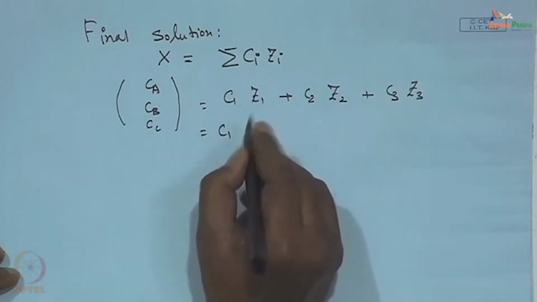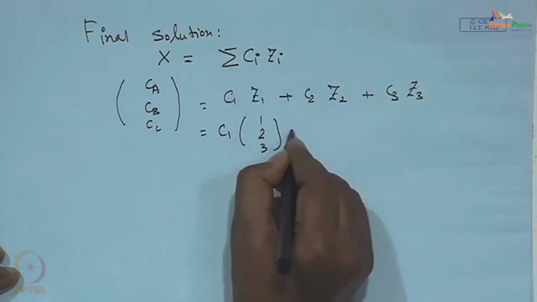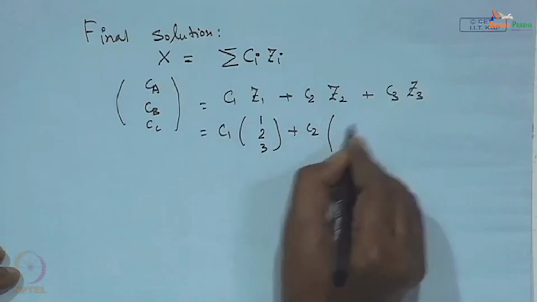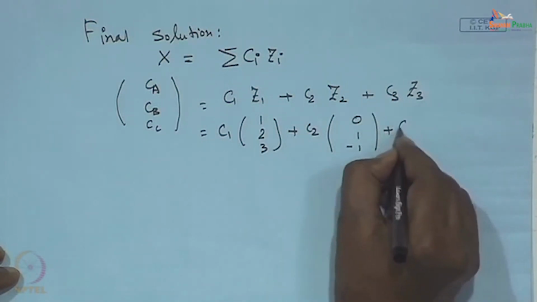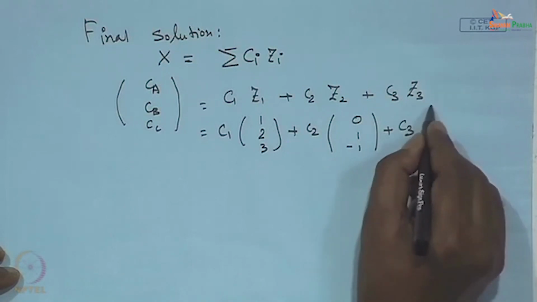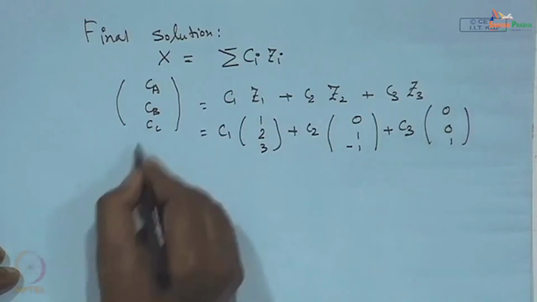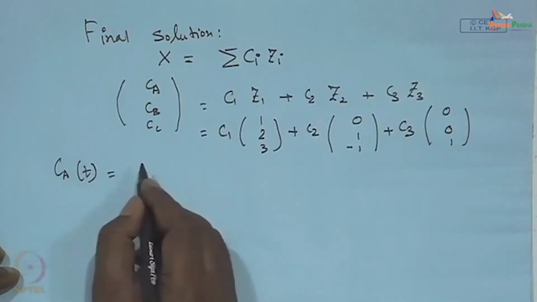Just put the value of Z 1, which is 1, 2 and 3, plus C 2, which we have already evaluated, with Z 2 as 0, 1, minus 1, plus C 3, for which we have already evaluated the expression, and Z 3 will be 0, 0, 1. So, therefore, you are in a position to get the value of the final solution.